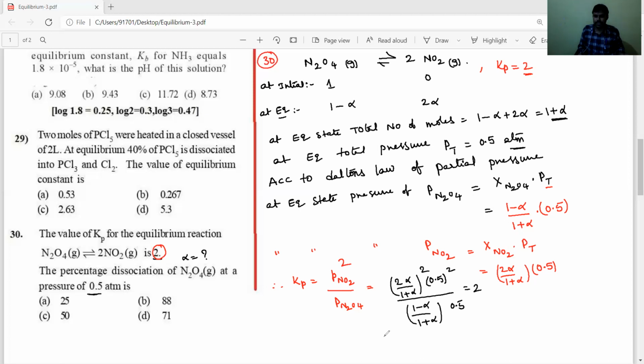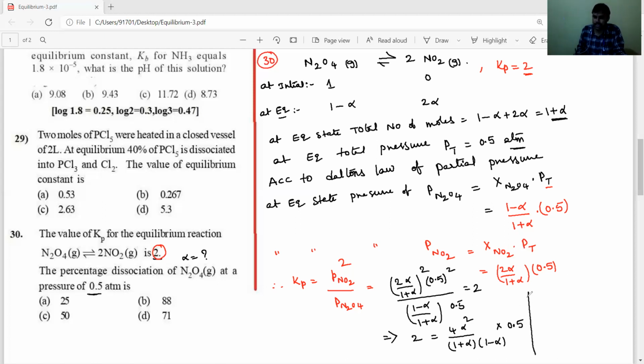On simplification, we get 2 equals 4 alpha square divided by 1 plus alpha into 1 minus alpha into 0.5. Students, a plus b into a minus b is a square minus b square.